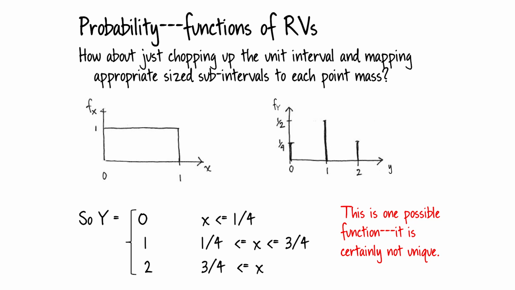Okay, so I mentioned this before. This is one possible way to do it, certainly not unique. And we'll see this over and over again when we talk about functions of random variables. Sometimes there will be multiple functions of a random variable that will map into the distribution of a new random variable. And so these are not always unique.